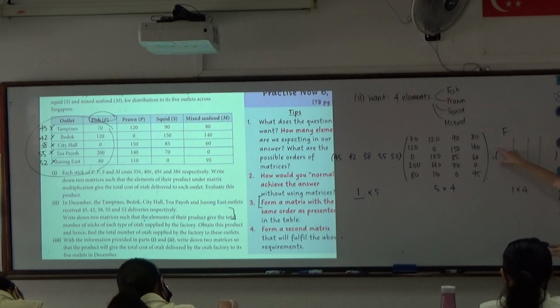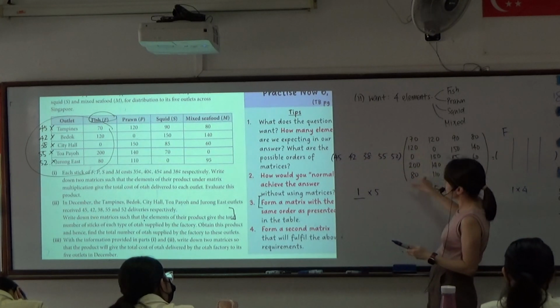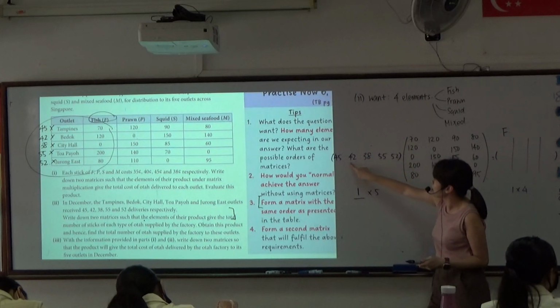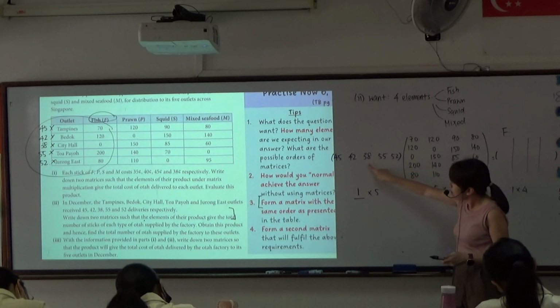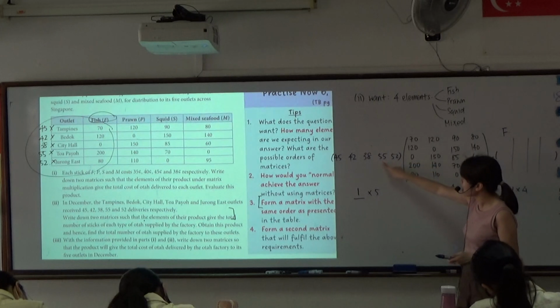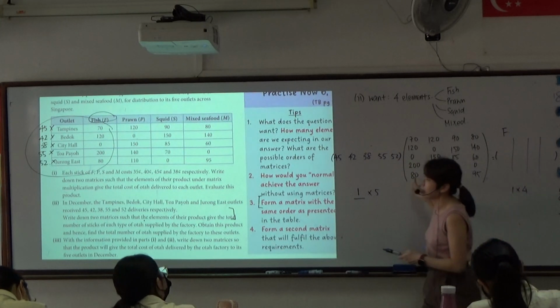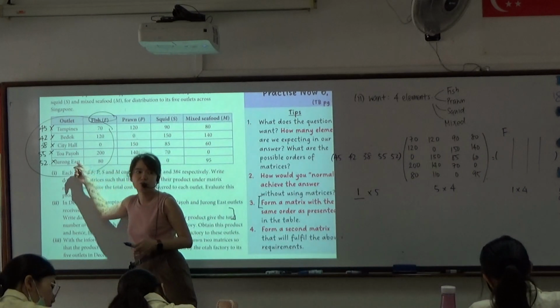Because this element here is first row, first column. So first row, first column, I am taking 45 times 70 plus 42 times 120 plus 38 times 0 plus 55 times this plus 52 times 80. And that is the exact calculation that we want to do.